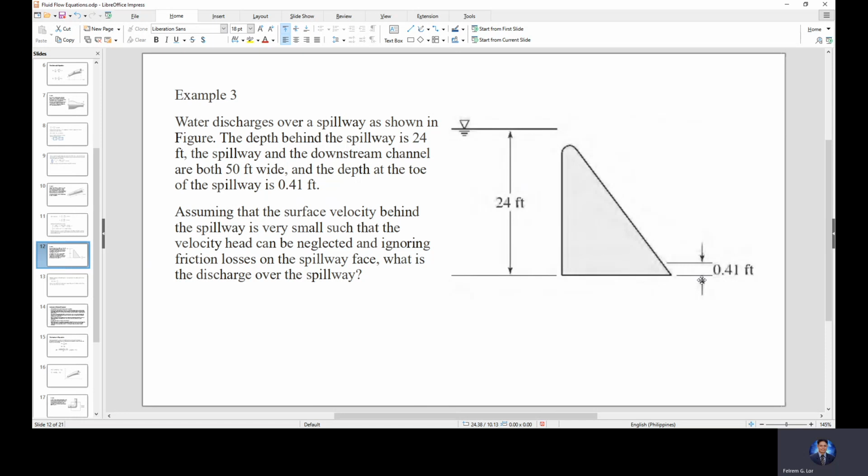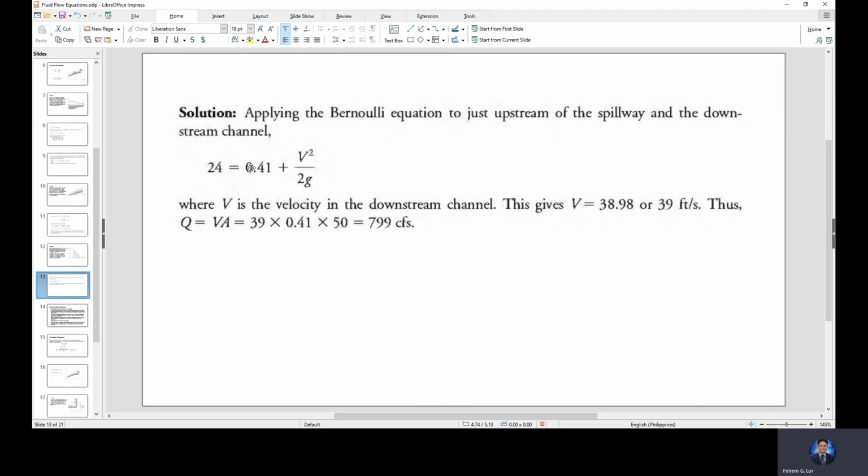At point 2, of course, this is exposed to atmospheric pressure, so gauge pressure is equal to 0. What remains is the velocity head and the elevation head, which is 0.41 feet.